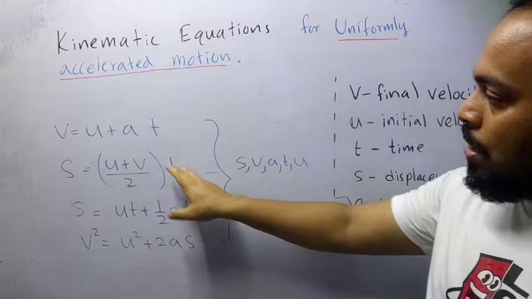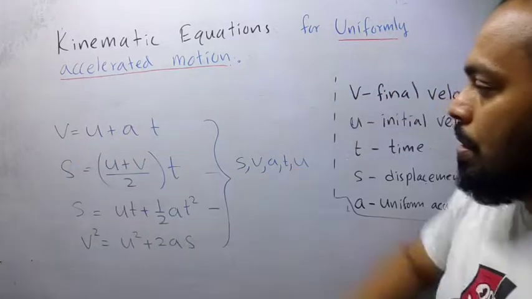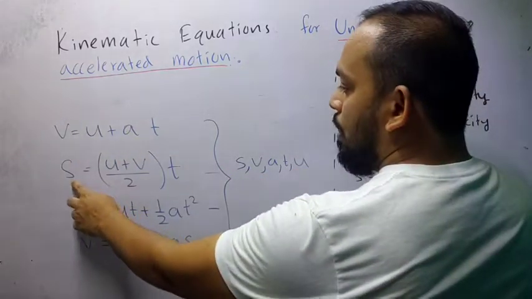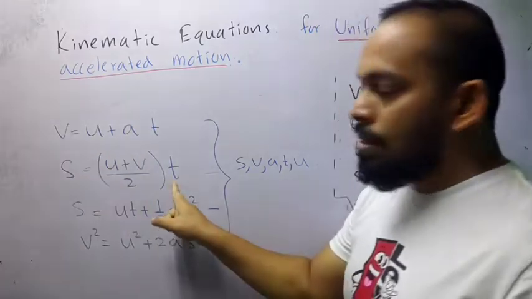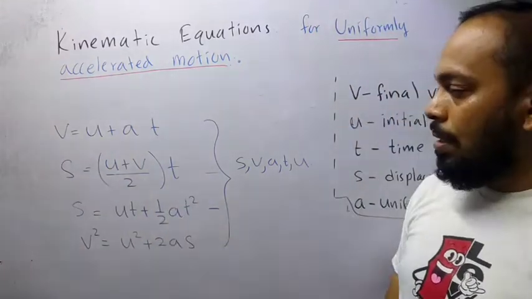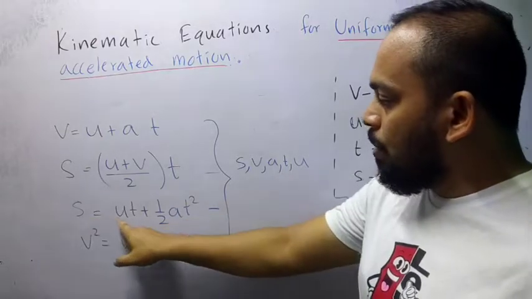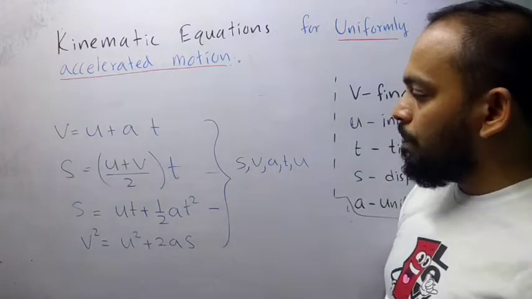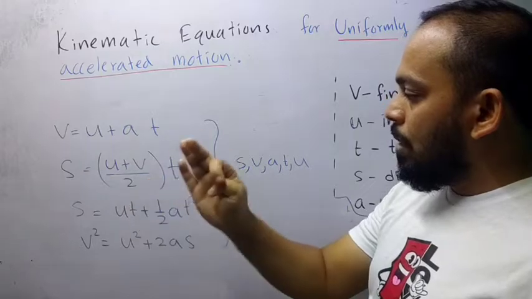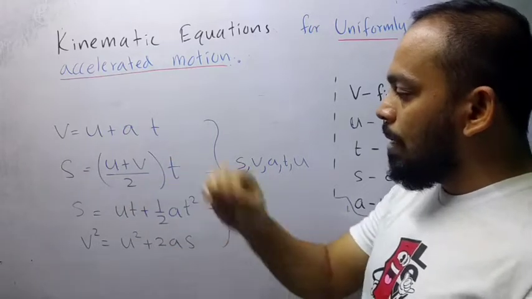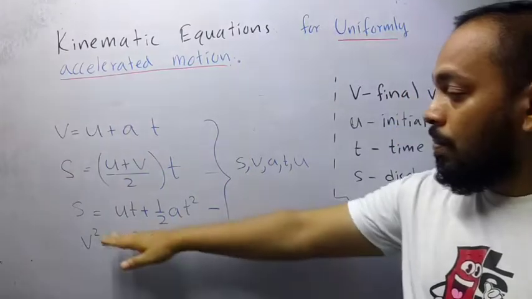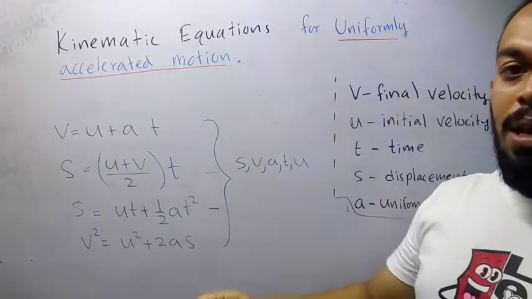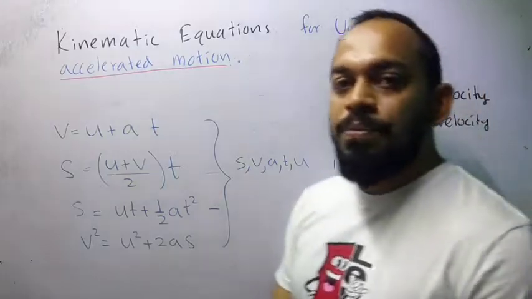Second equation, you don't have acceleration. If you know s, u, v and t, so if you know 3 of these data, then you can find the remaining data. Here s equal ut plus half at squared. If you know initial velocity, displacement, time and acceleration, then if you know just 3 of them, you can find the remaining one using this equation.